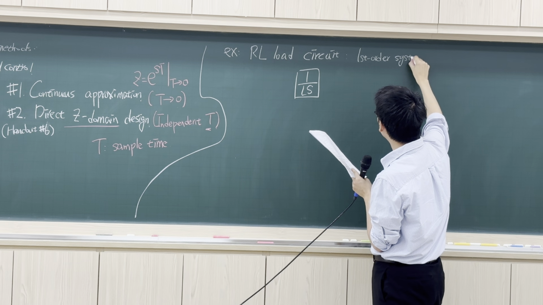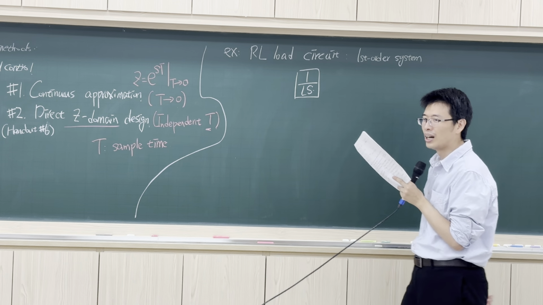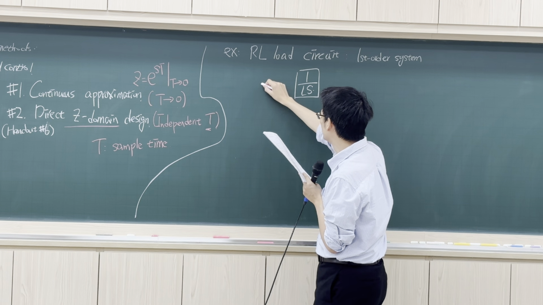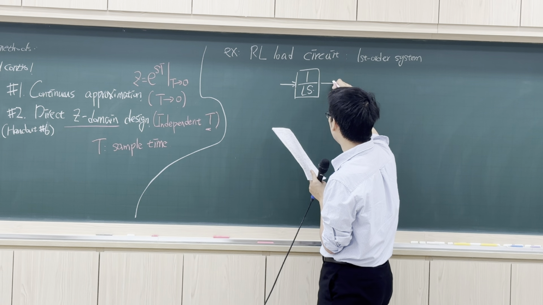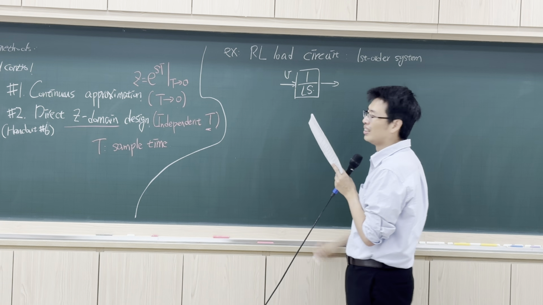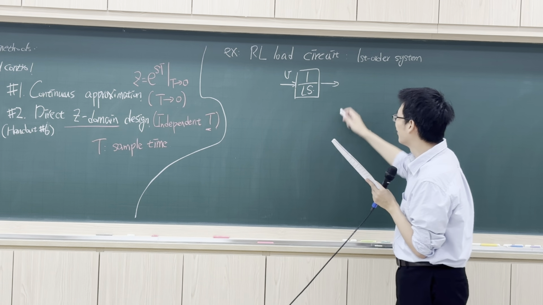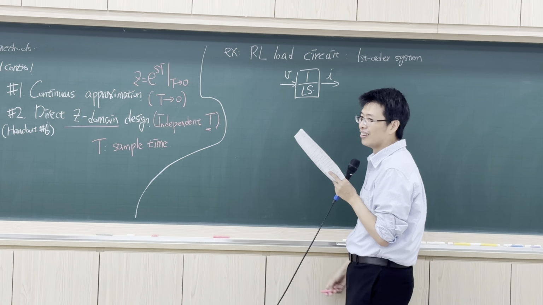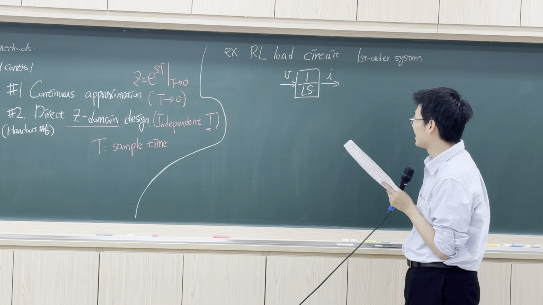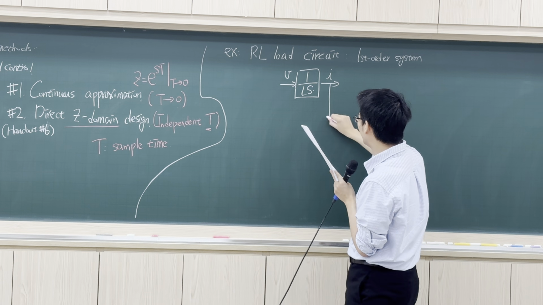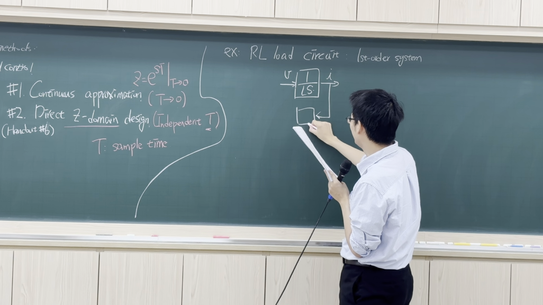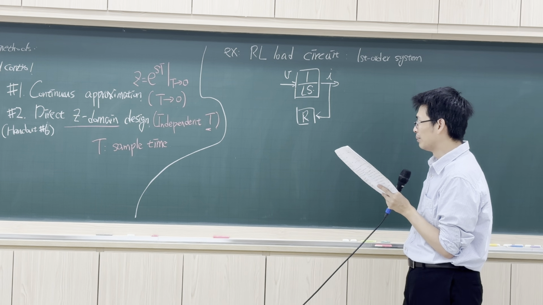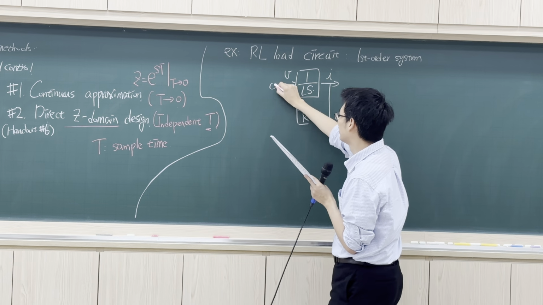system. This is the first order system 1 over Ls, and the input is the voltage. Output will be a current. This is L. However, it has R. R will introduce a nonlinear, internal feedback, non-zero internal feedback.